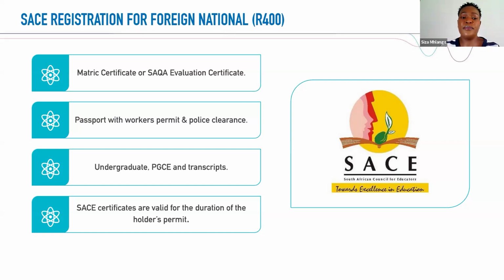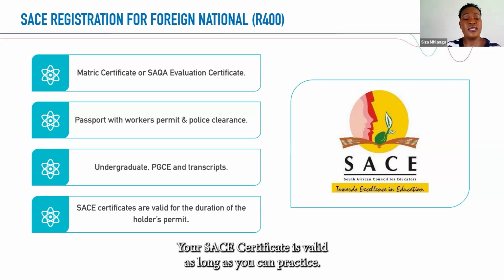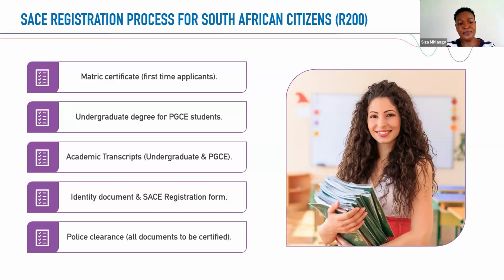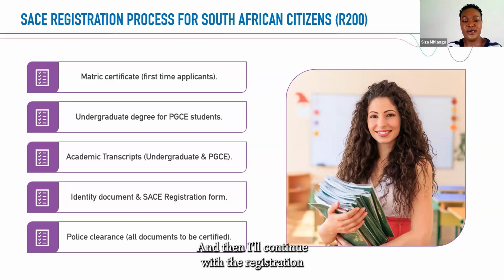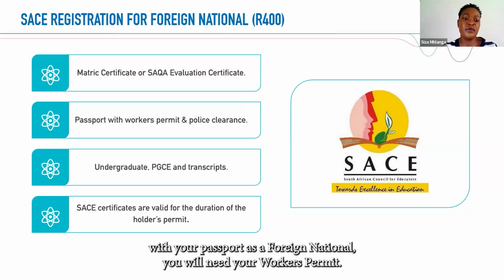So, to go back a bit, with the South African citizens, your SACE certificate is valid as long as you can practice. And then I'll continue with the registration for the foreign nationals. If you register with foreign certificates or with your passport as a foreign national, you will need a worker's permit.